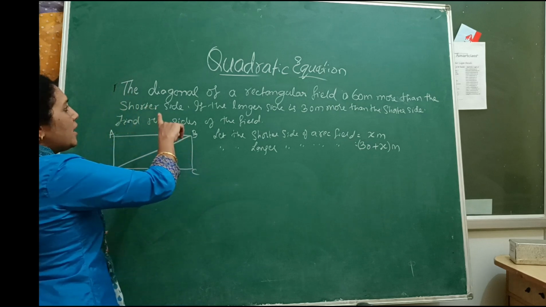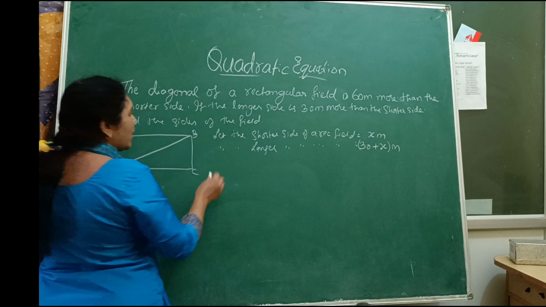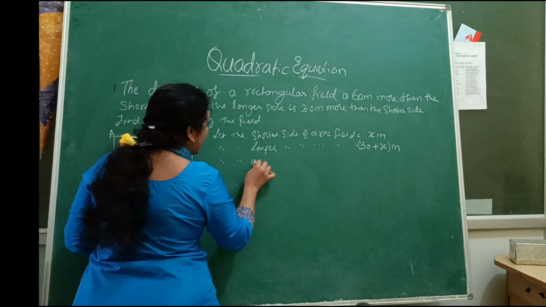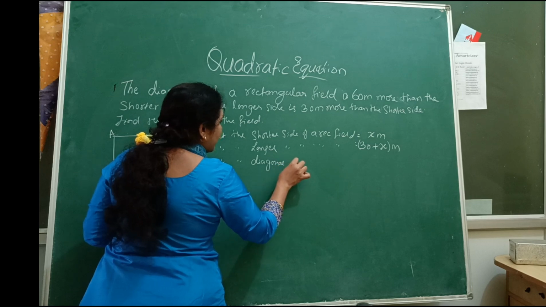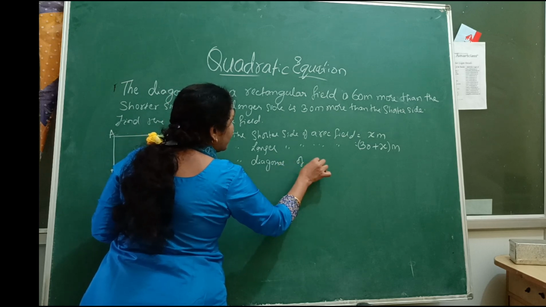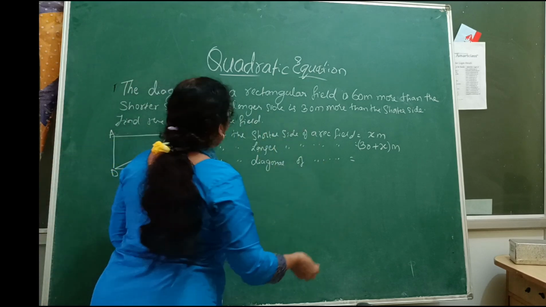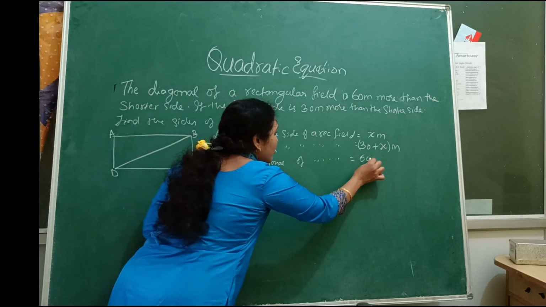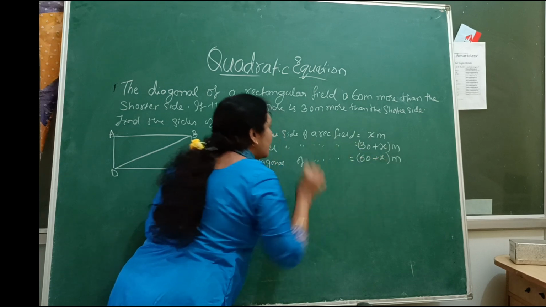Then the diagonal of the rectangular field is 60 more than the shorter side, so the diagonal is 60 plus x meter.